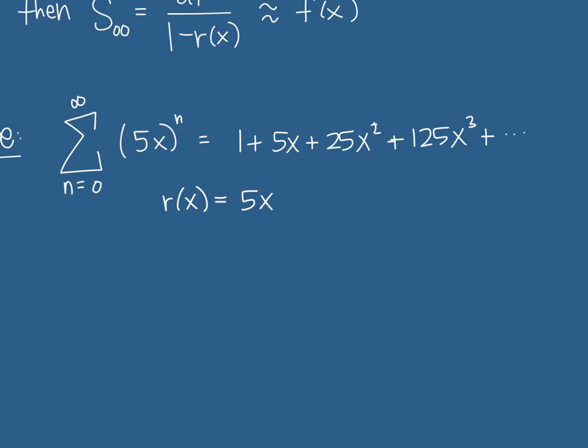And in order for this to converge, that 5x must be bounded between 1 and negative 1. Therefore, this series will converge if and only if x is between negative 1/5 and 1/5. So this is called the interval of convergence, like we talked about in our homework.